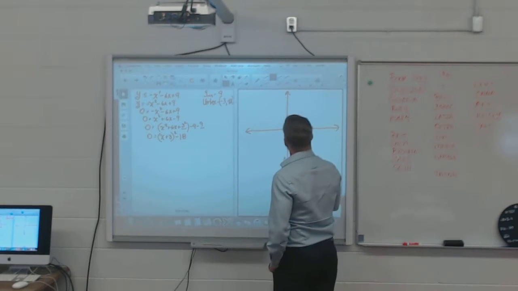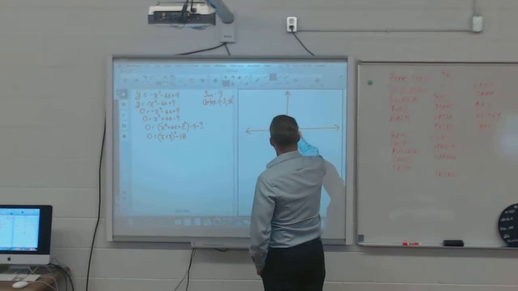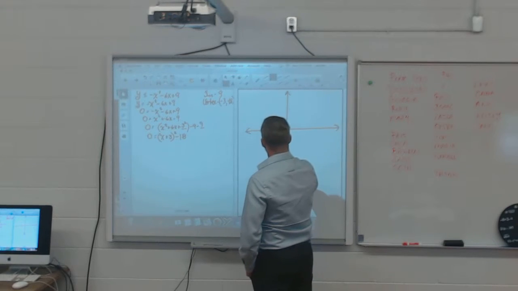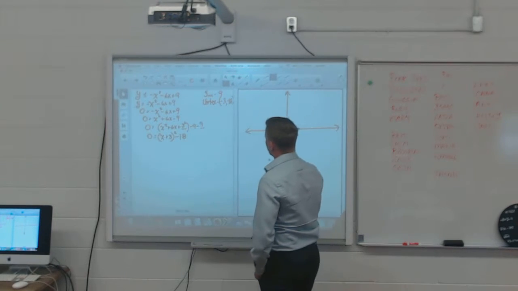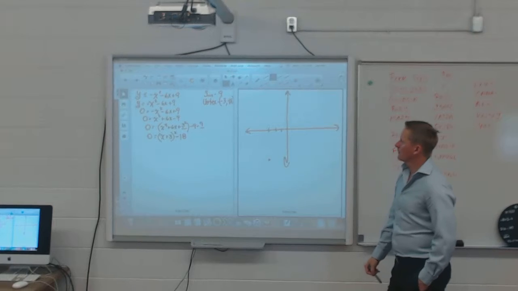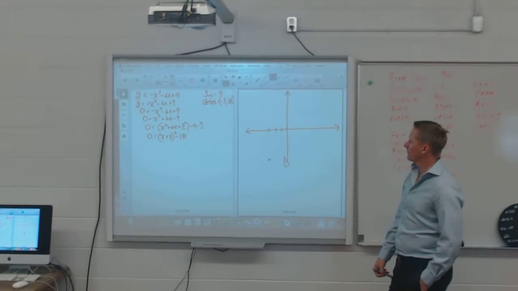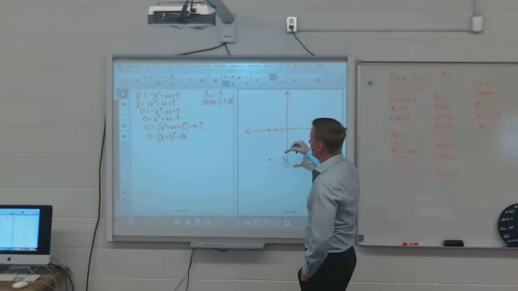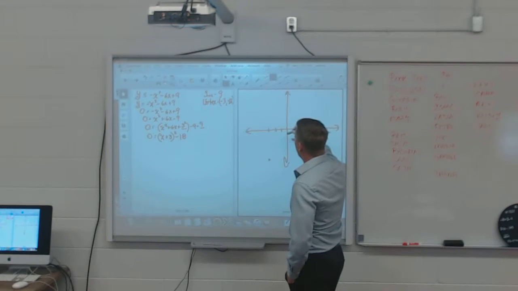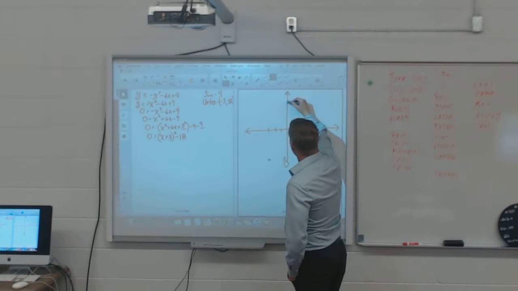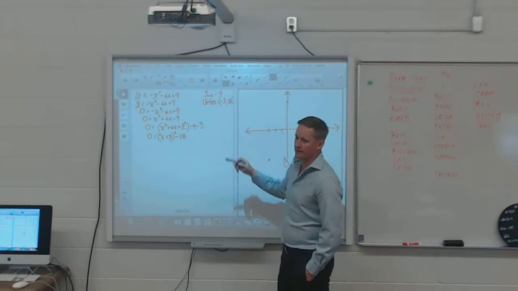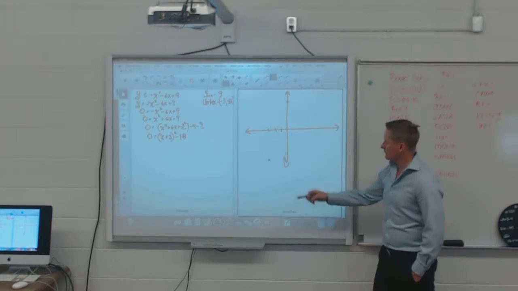Okay, so my vertex is negative 3 and negative 18, which would be somewhere down here, right? Agreed? Okay, and 0 and 9? We've already identified my y-intercept as 0 and 9, right?